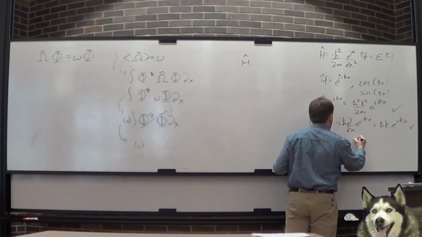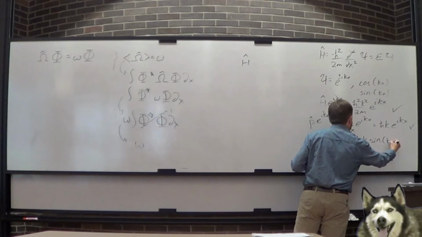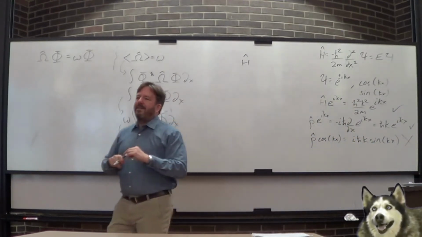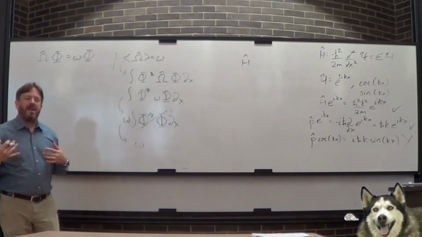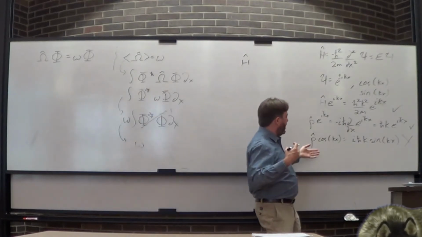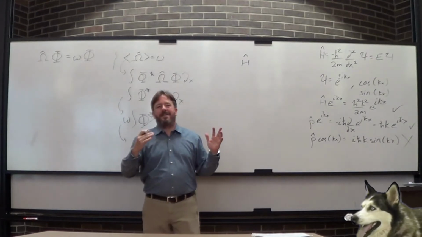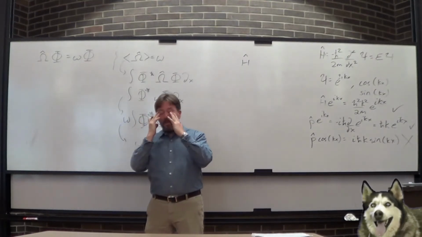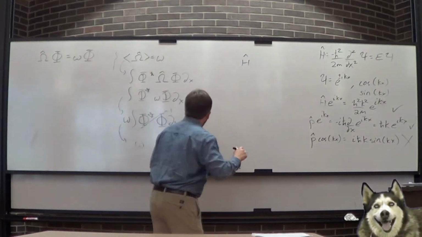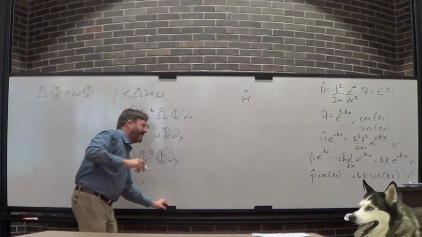What you end up with is i h bar k sine kx, which is a big no. Again, part of the business of quantum mechanics is when you're asking questions of wave functions and it doesn't work, lots of things could be happening. Maybe you haven't solved it right, maybe there's an uncertainty principle, or maybe you just need to use the expectation value.